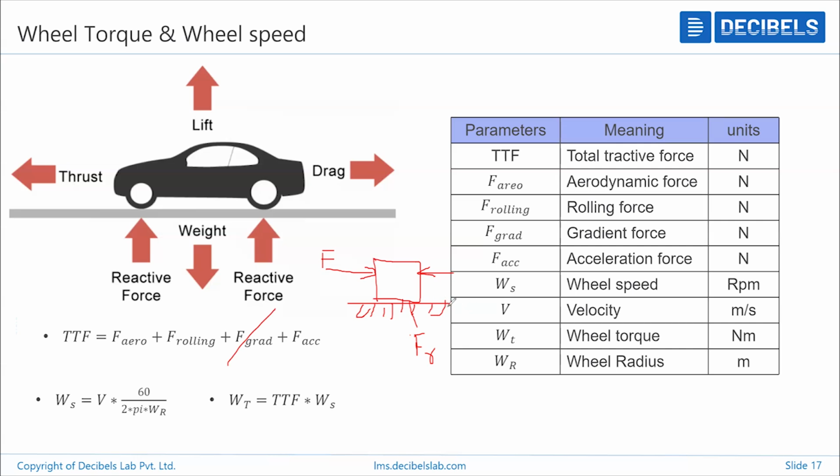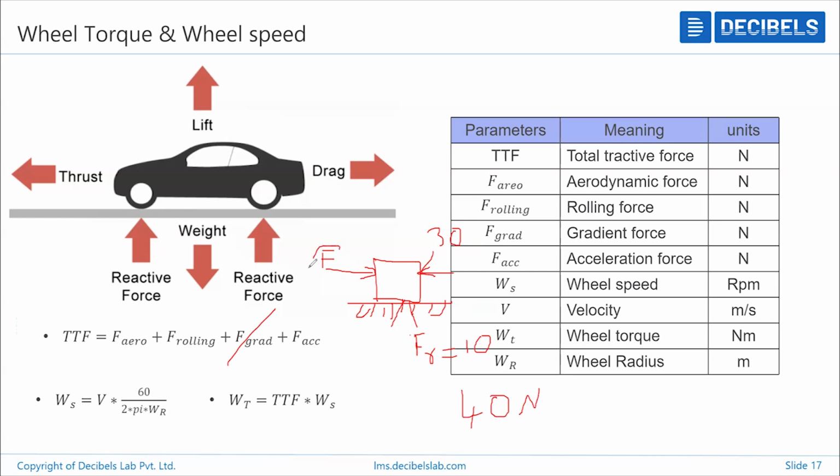Let's say the aerodynamic force value is 30, and the friction resistance is something like 10. So the total force in the form of resistance is 40 Newton.